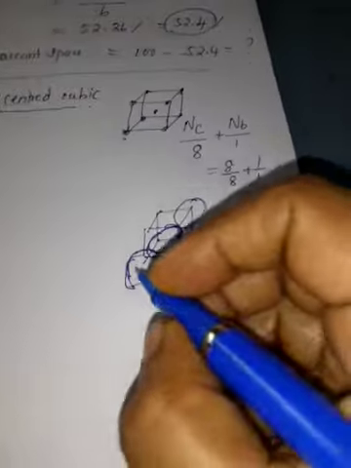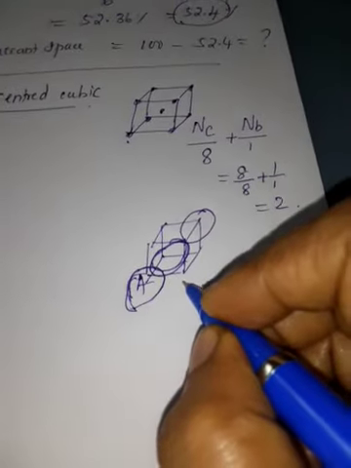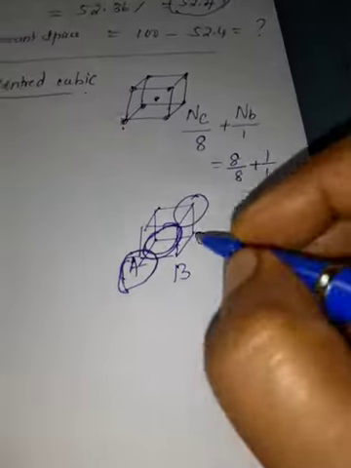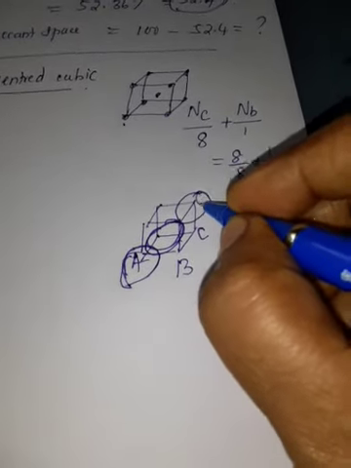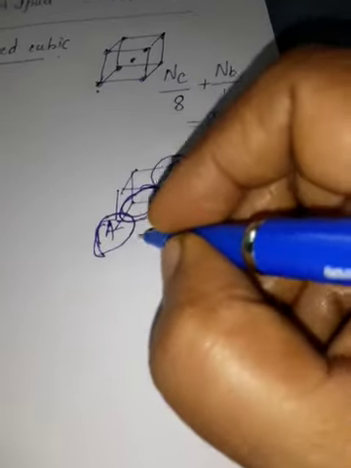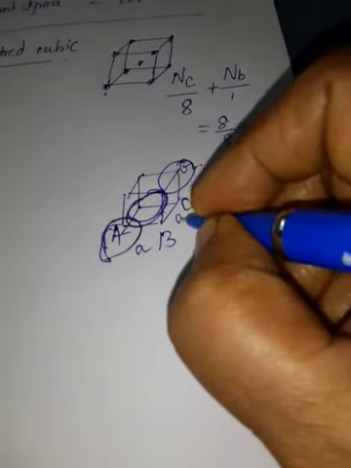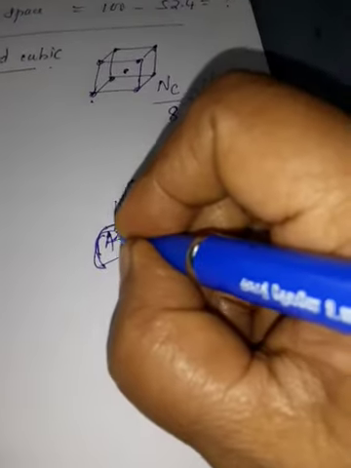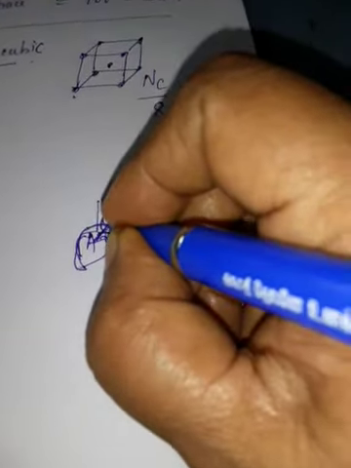So given as A, B, this is C and this is G. Okay, this length is A. Then this is r.